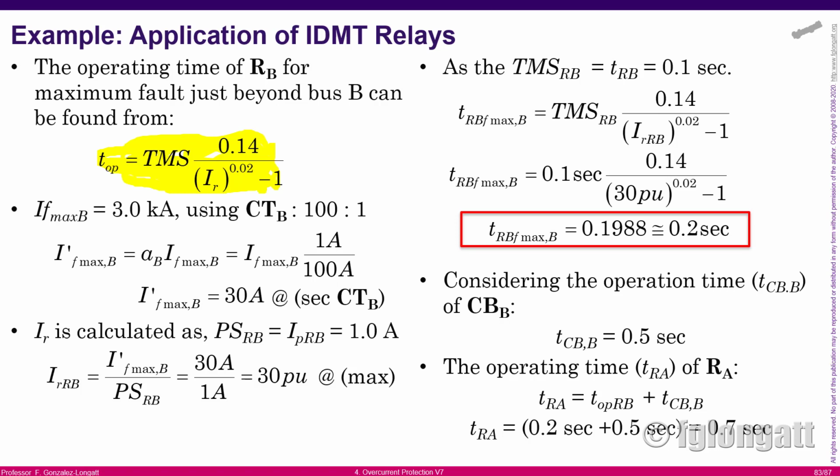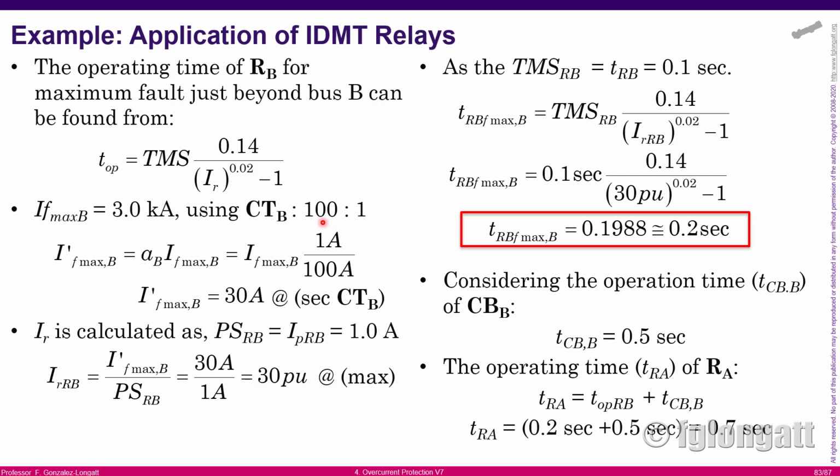And that is the next step. We know that the maximum short circuit level at the bus bar B is 3 kiloamps, okay? Because we defined a current transformer that is 100 to 1, we can obtain the current referred to the secondary of the CTB.